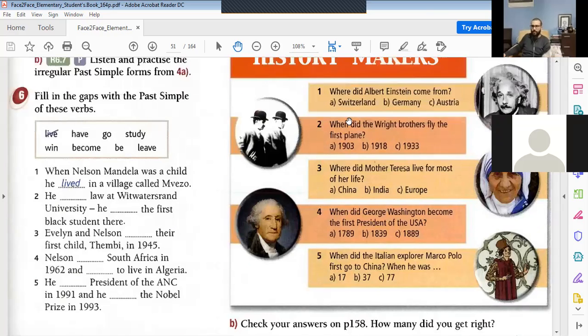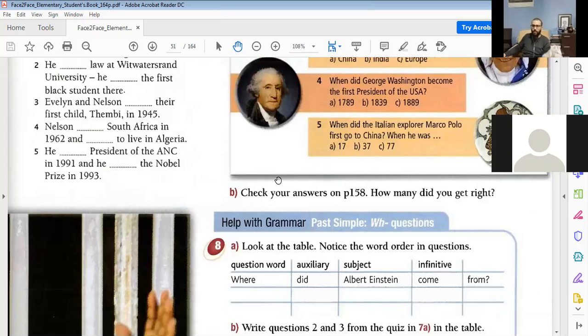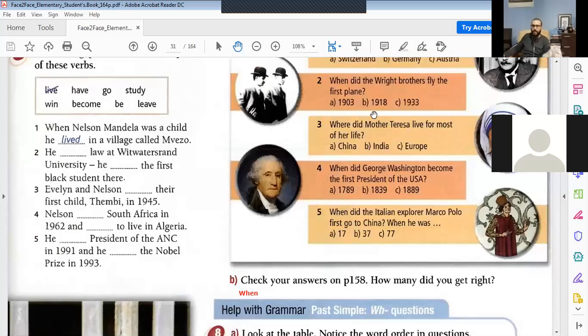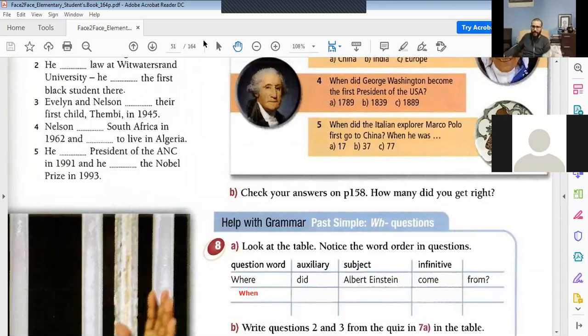When? Okay, so when is the question word. And what's the auxiliary? Did. Correct. So we use did. After when, we use did.